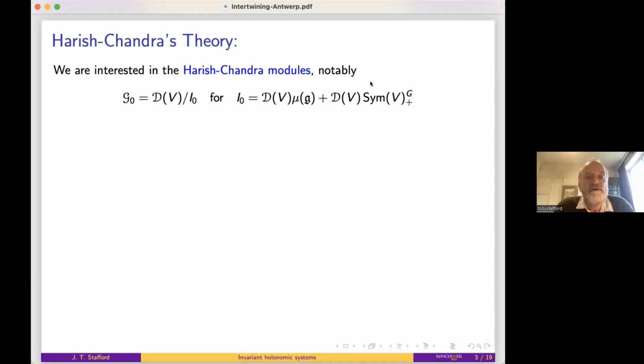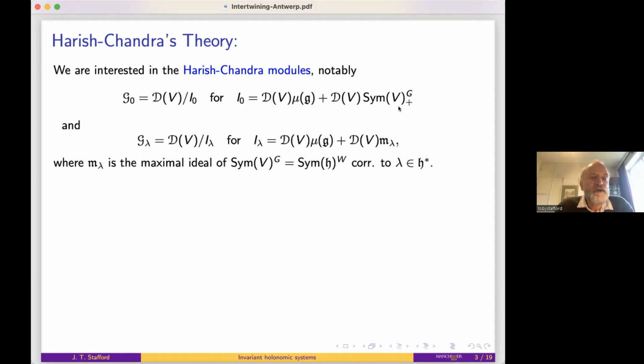These are constant coefficient differential operators. Most of the time I'm going to be talking about that module, but more generally what I will say will have analogues for a whole class of modules where, rather than taking the positive part of S(V)^G, I take a maximal ideal in S(V)^G corresponding to λ in h*.